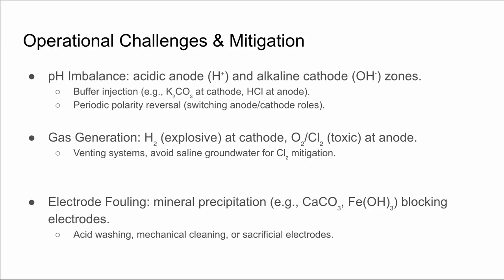We can still face some challenges during our process, so we'll provide some mitigation to fix them. First, if our pH is imbalanced, that will be acid at the anode or alkaline at the cathode, which can harm our microbes or clog the soil.